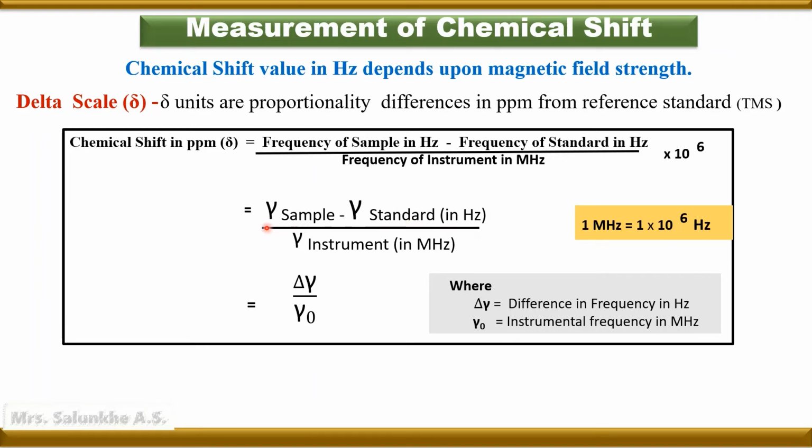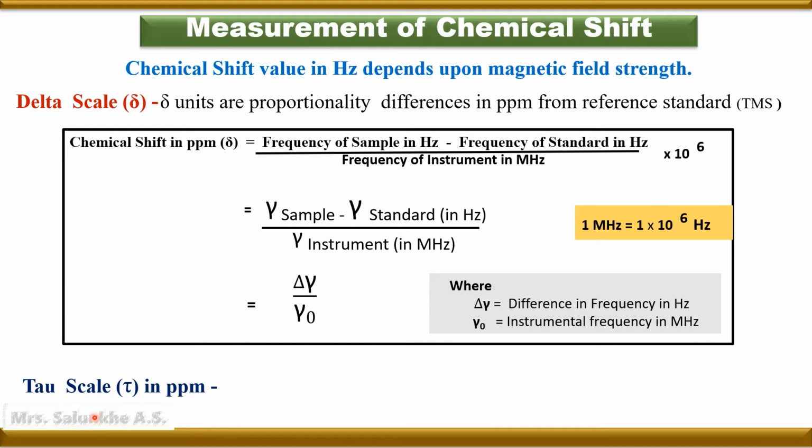Therefore, the equation becomes frequency of sample minus frequency of standard in Hertz divided by frequency of instrument in megahertz, that is delta nu divided by nu 0. Delta nu is the difference in frequency in Hertz of sample and standard, and nu 0 is the instrumental frequency in megahertz.